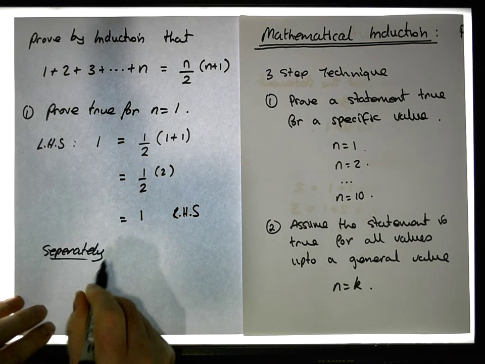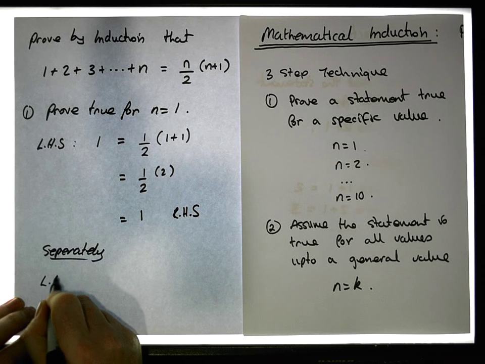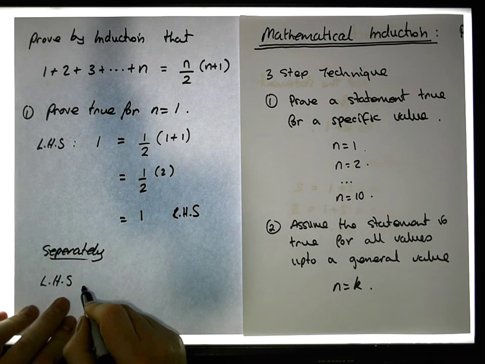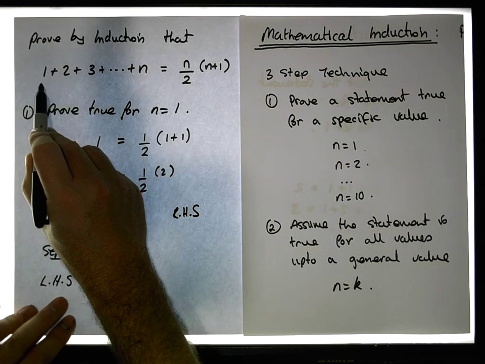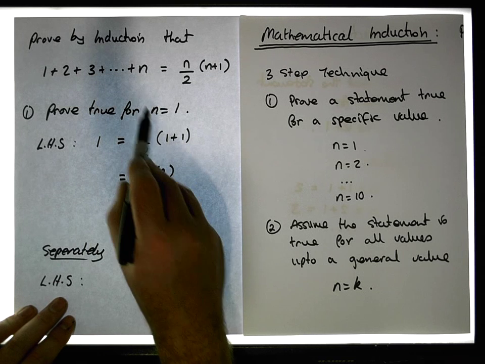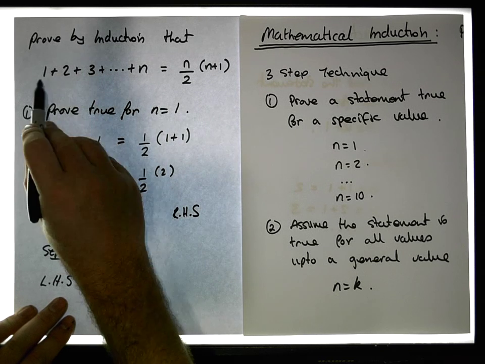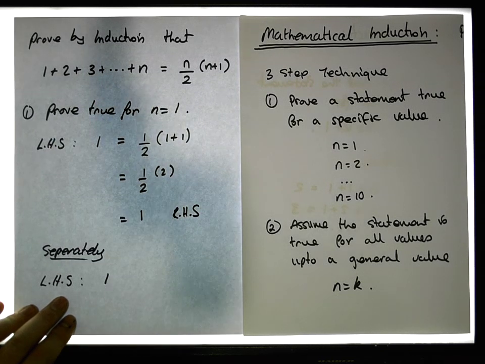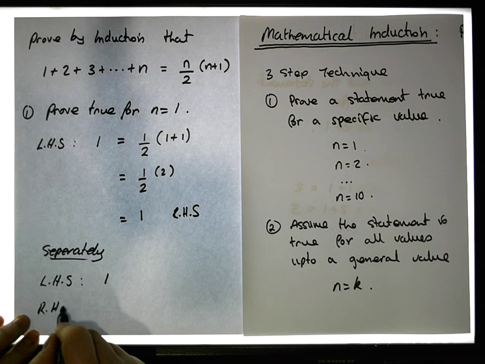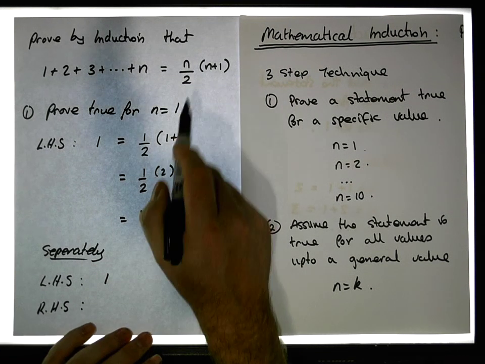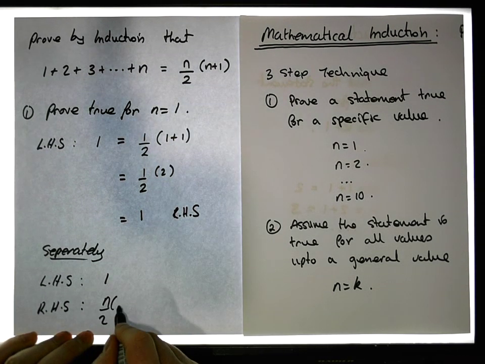So I'm going to take the left hand side. When n is equal to 1, this is the sum of all values up to 1, which is just equal to 1. Now the right hand side is n over 2 times n plus 1.